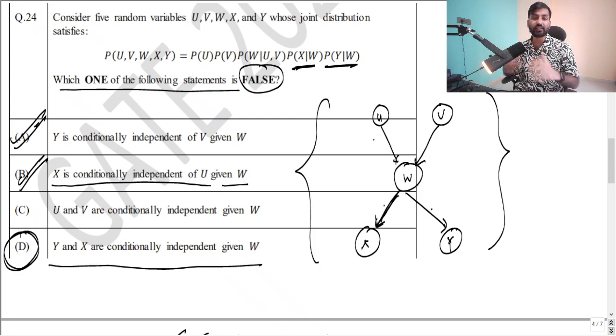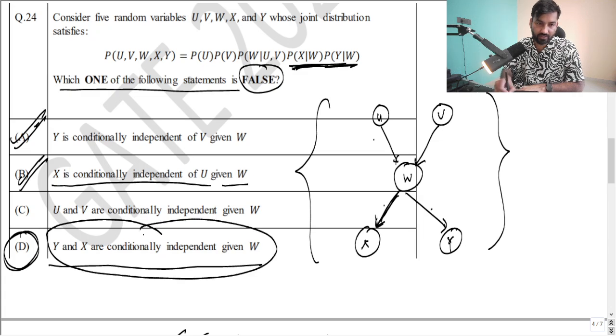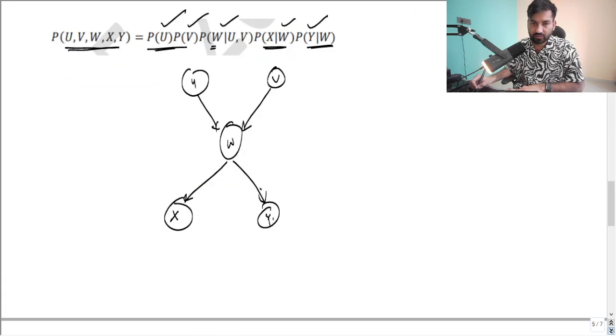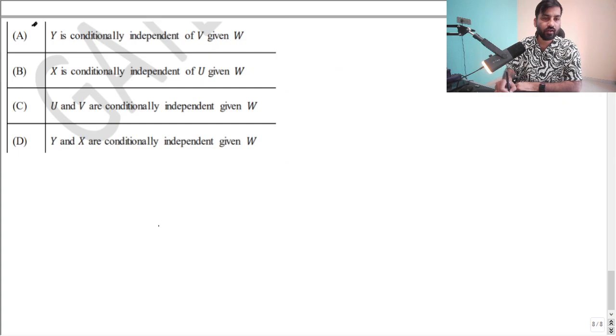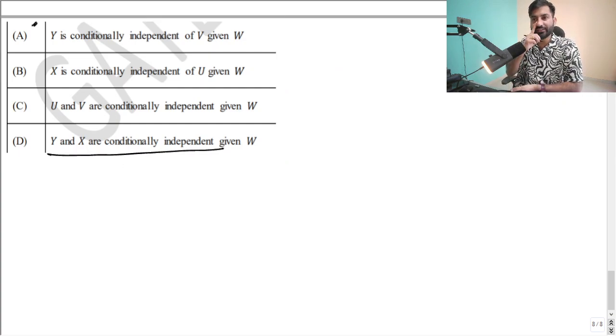Yes, it is correct. Because they have given the factors here, let me write option D. Y and X are conditionally independent given W means what? Let's say X comma Y; I'll use comma only.